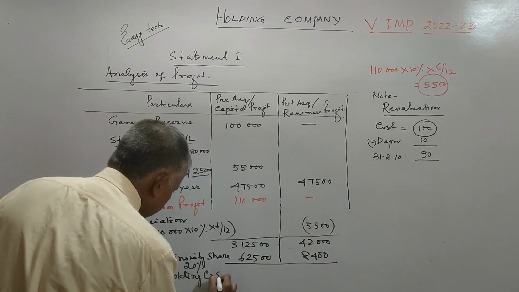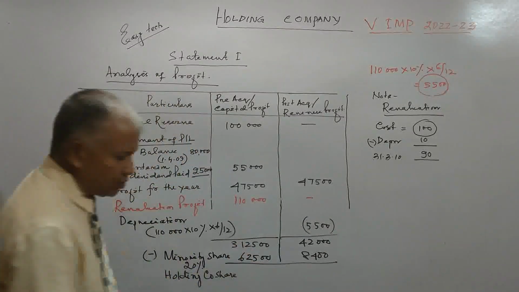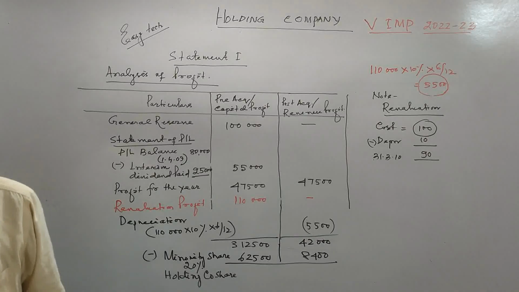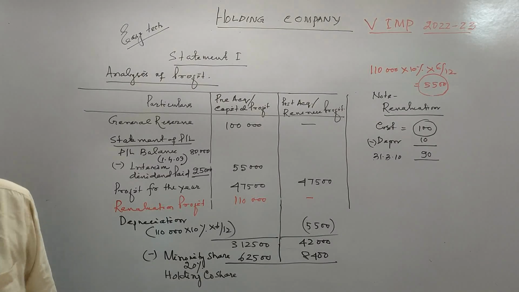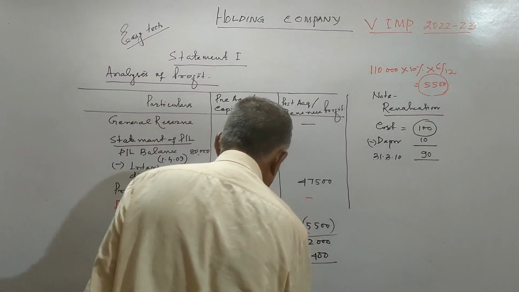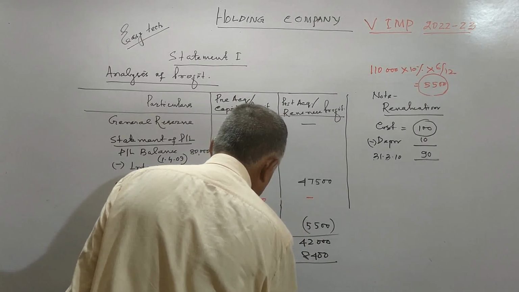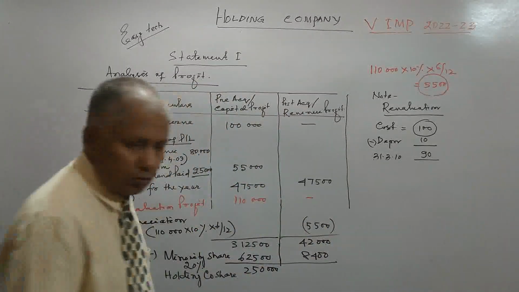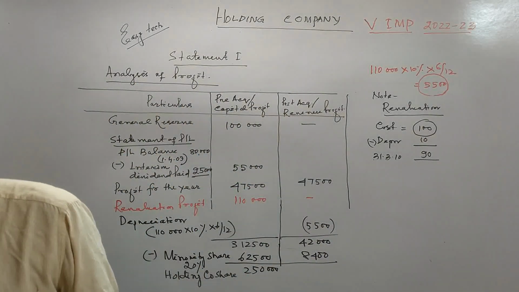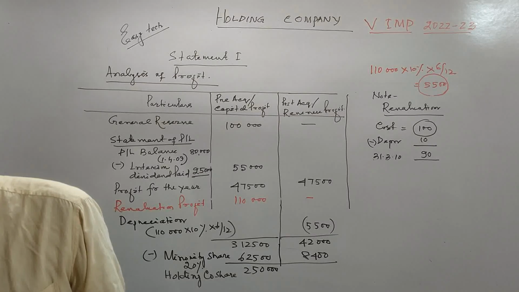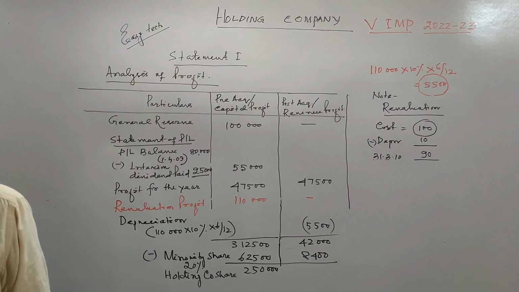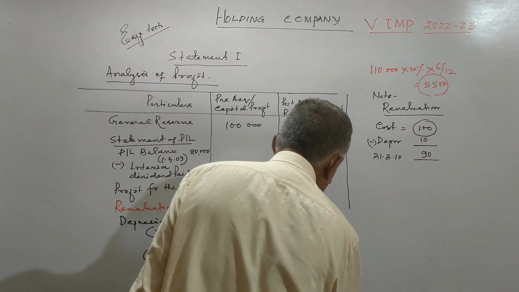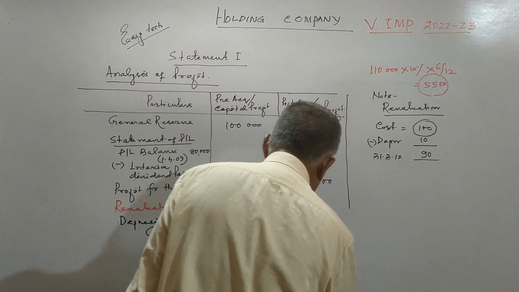The holding company share will be remaining. Holding company share comes to your 2,50,000. And here it comes to 33,600. Right?